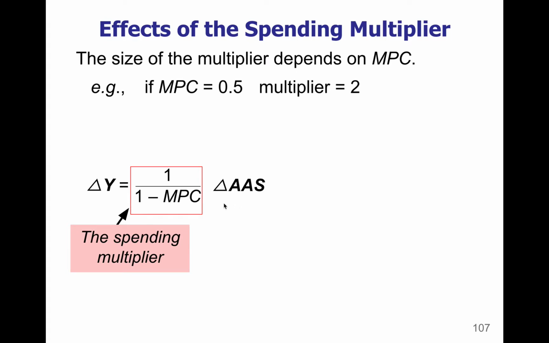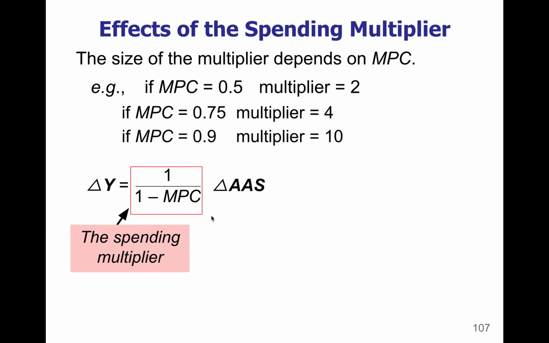Remember, MPC is the marginal propensity to consume. So if we know that in general our marginal propensity to consume in the aggregate economy is 0.5, this red box will give us a multiplier of 2. As our propensity to consume money goes up, then the multiplier is also higher. So if our MPC is 0.9, we get a multiplier effect of 10.